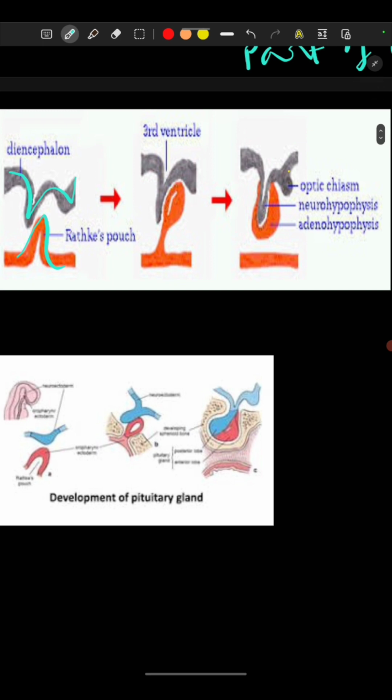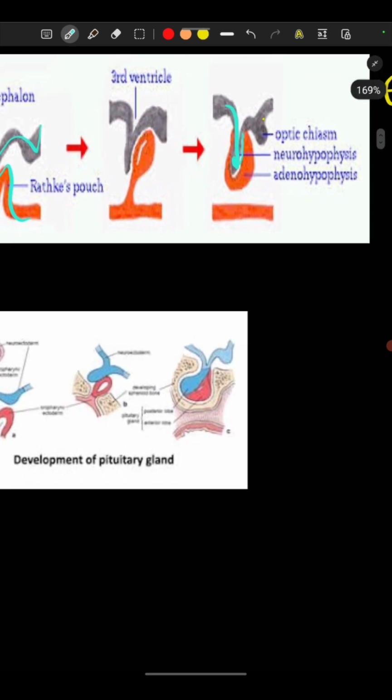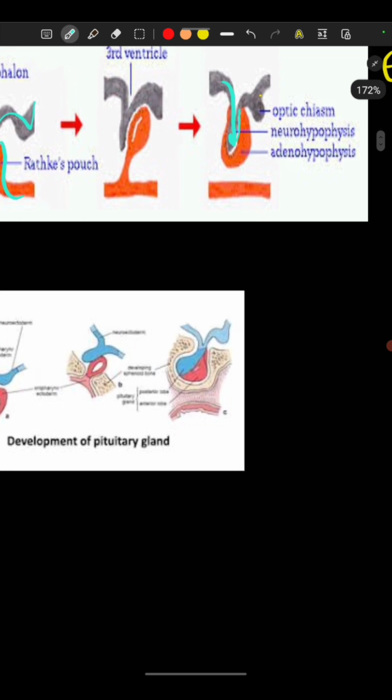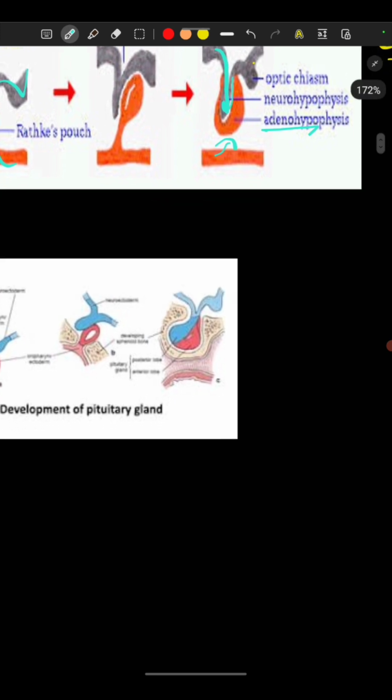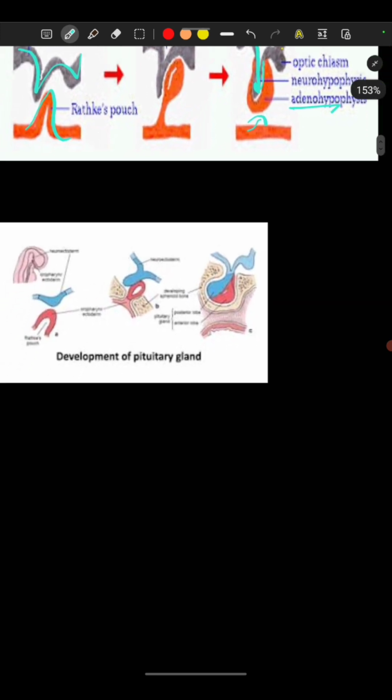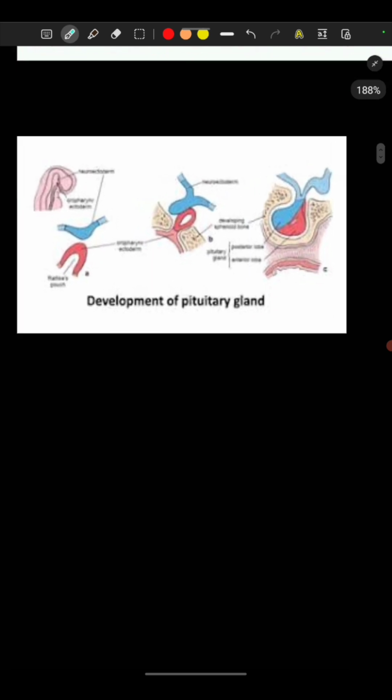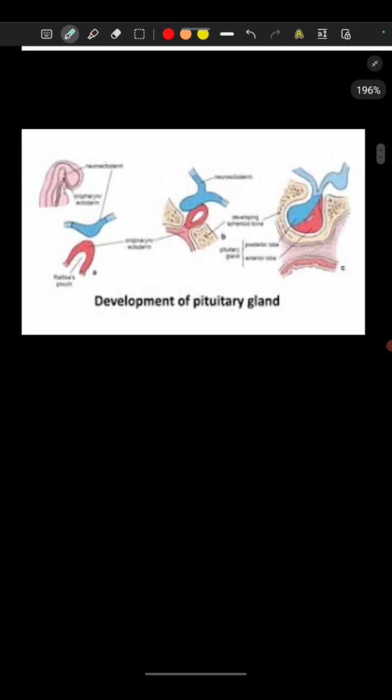Here you can see the posterior lobe extends from the hypothalamus and forms the neurohypophysis, and the adenohypophysis extends from Rathke's pouch and forms the anterior lobe. Development of the pituitary gland. This is the sella turcica, which is the base of the skull.